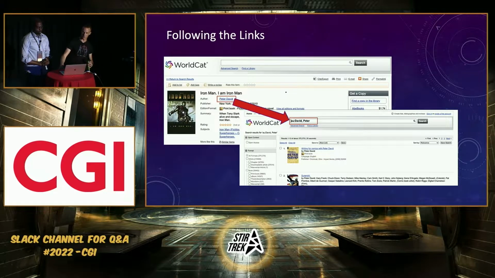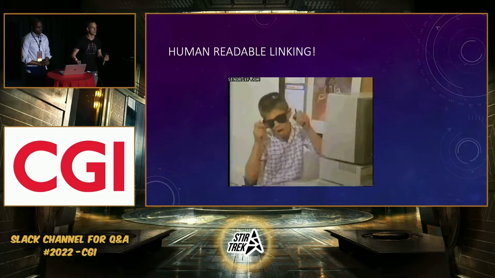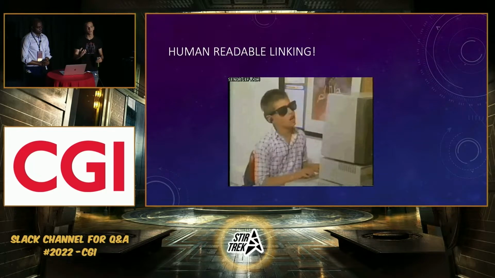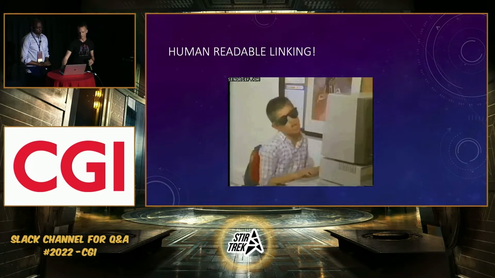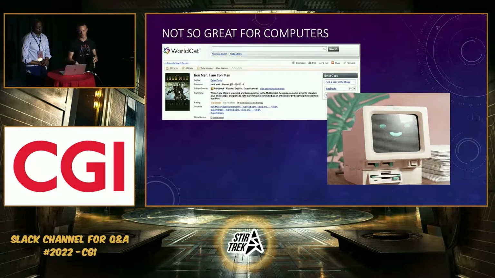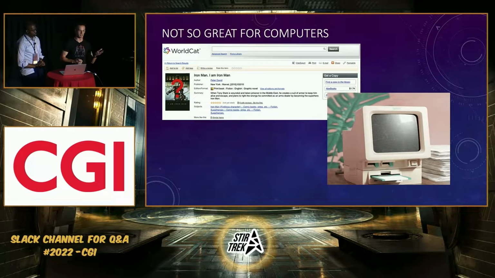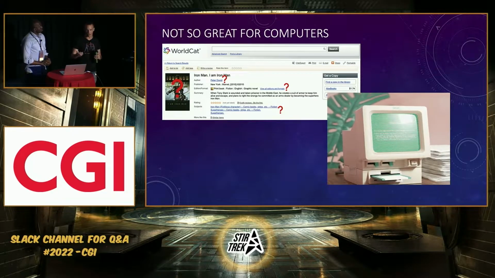Now this is really cool for us humans, right? We're discovering more, we're getting more information, things are linking very nicely. However, this isn't great for a computer, right? Computers don't understand that while this is a picture, it's the cover of the book I'm looking at. They don't know that Peter David is the author. They don't know it's linked to somewhere else.